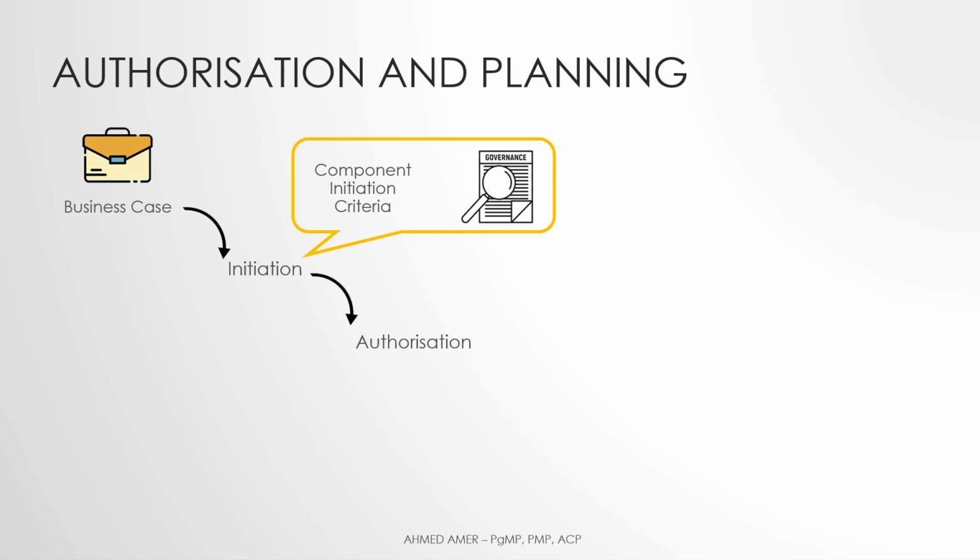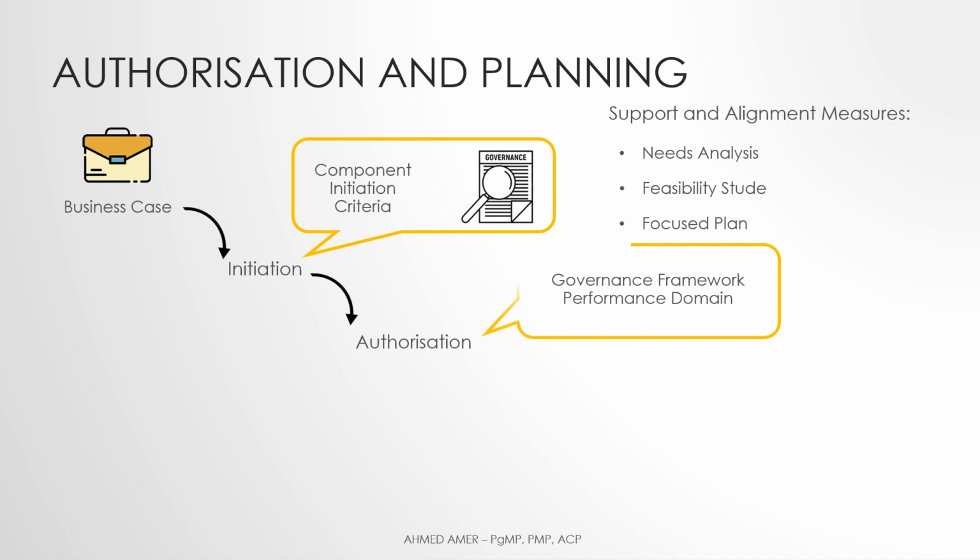There are a number of steps to verify that a component properly supports the program's outcomes and aligns with the organization's strategy and ongoing work. These steps may include performing a needs analysis, conducting a feasibility study, or creating a plan to ensure the projects achieve their expected outcomes. At the same time, the governance framework performance domain provides the required guidance for the component authorization process.